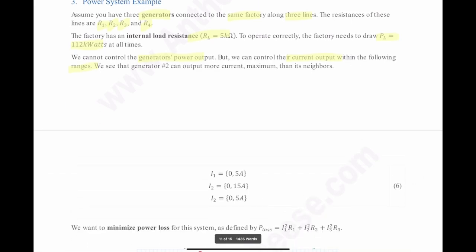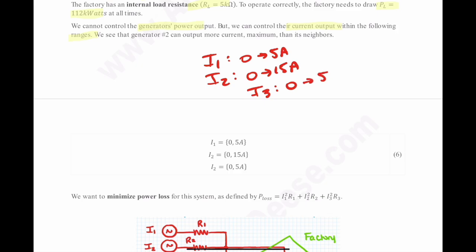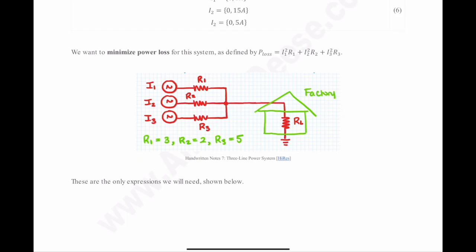Generator 1 can give us between 0 and 5 amps. Generator 2 can give us between 0 and 15 amps, and generator 3 can give us between 0 and 5 amps. So this one is larger and has more capacity. We want to minimize the power loss for this system.